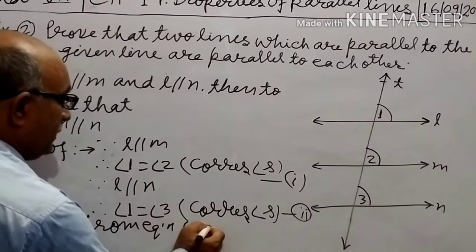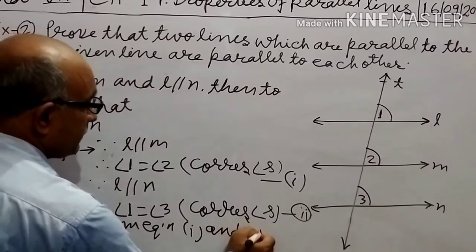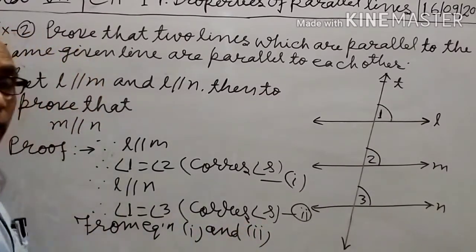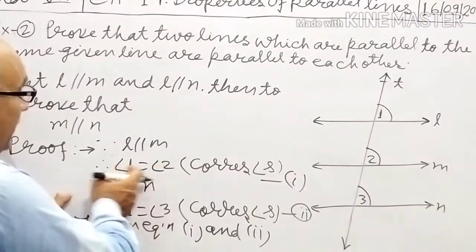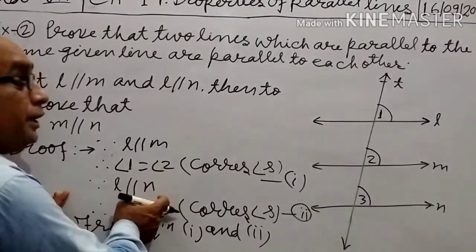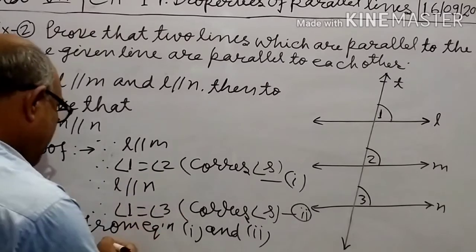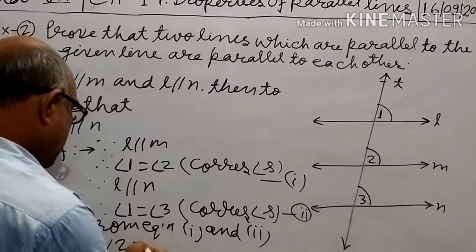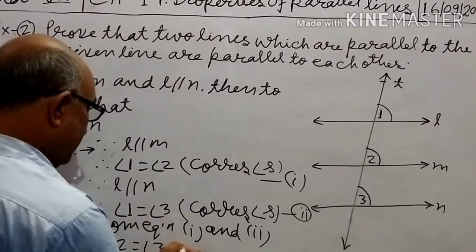From equation 1 and 2, angle 1 equal to 2 and angle 1 equal to 3. So angle 2 equal to angle 3.